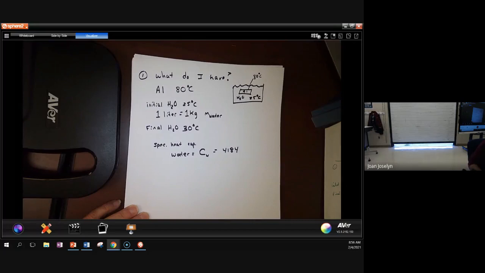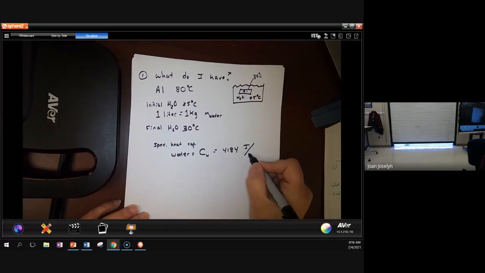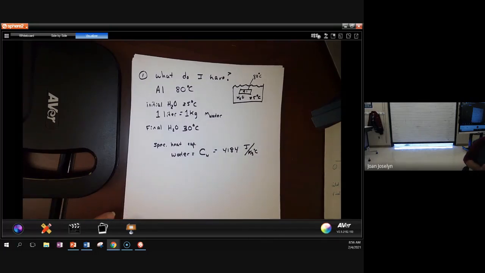That's just something you would look up, or it would be given to you. They usually give you a little table of knowns. And this one has weird units: joules divided by kilograms times degrees Celsius. So that's a little tricky.